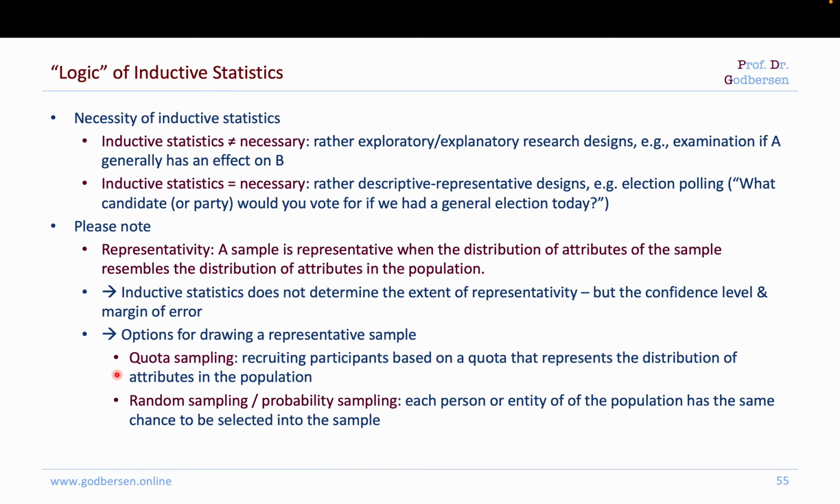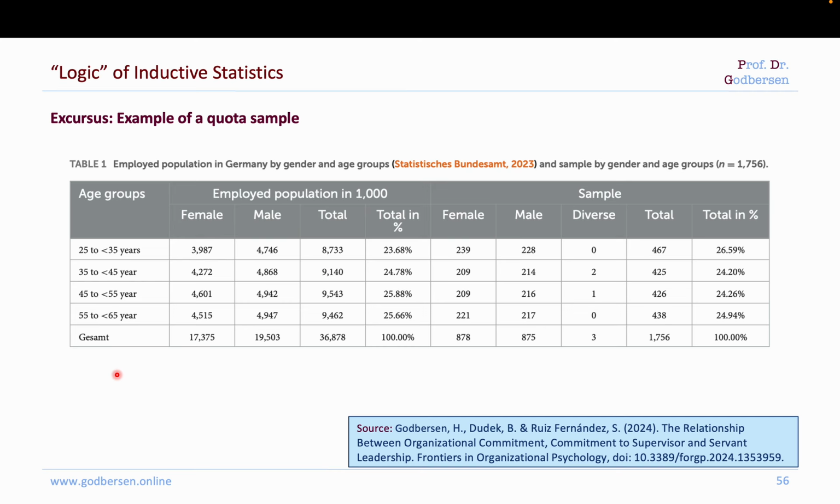As I said, I would like to give you an example for quota sampling as a bit of an excursus. This example comes from a research project, and I could publish the results with two co-authors. It's about the relationship between organizational commitment, commitment to supervisor, and servant leadership.